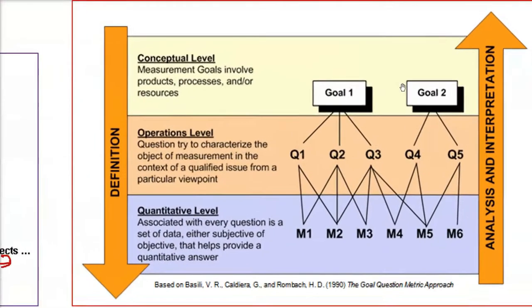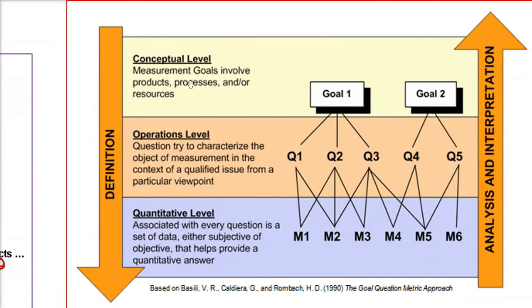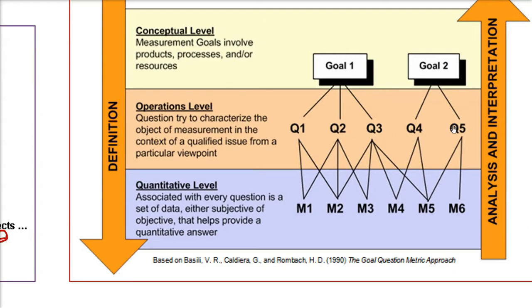See here, this is the goal. At the conceptual level, measurement goals involve products, processes or resources. Then coming to the questions, at the operational level, questions try to characterize the object of measurement in the context of a quality issue from a particular viewpoint. These questions are all going to fulfill the goal.